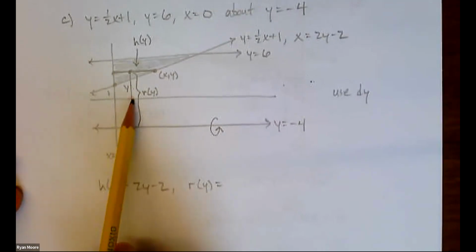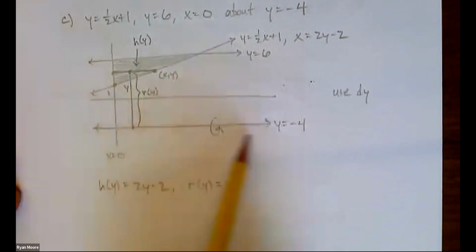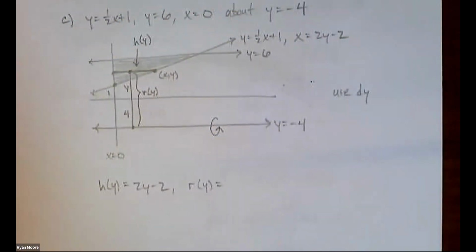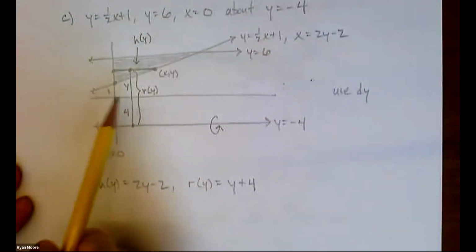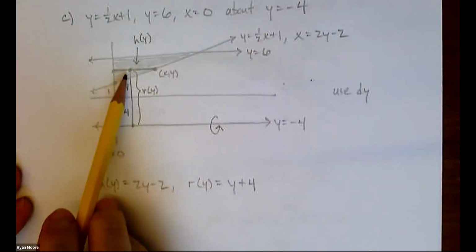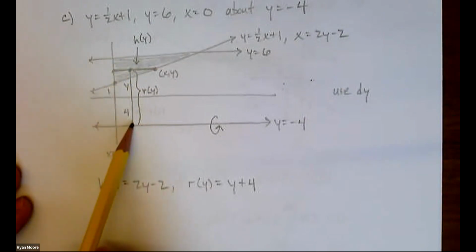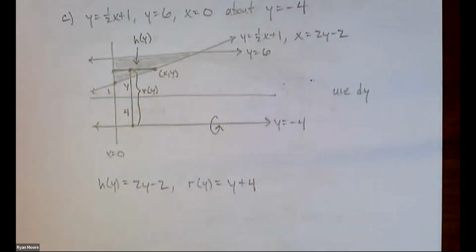How far is this here? Well, this distance is always constant. No matter where we move the line, it's still the same distance from this horizontal line up to the axis. That's always going to be 4. So all we got to do for the radius is add them up, y plus 4. Whatever the distance was from the x-axis up, just add 4 onto that, and we got it.